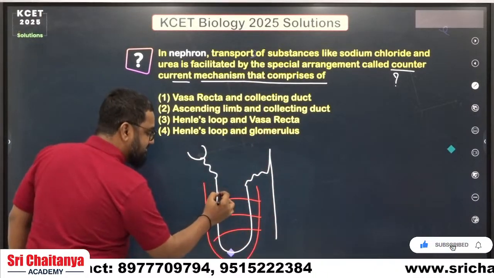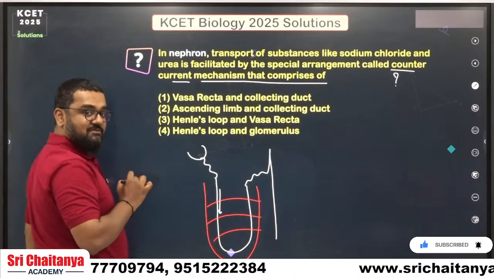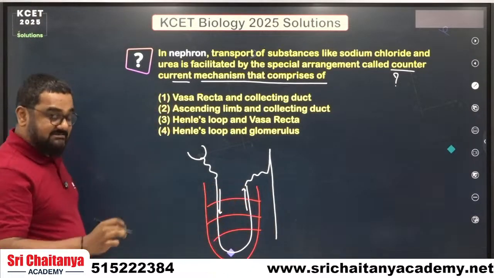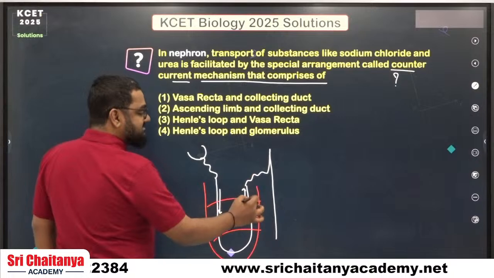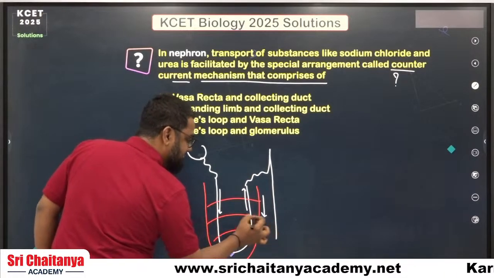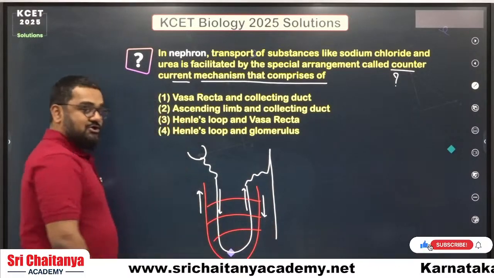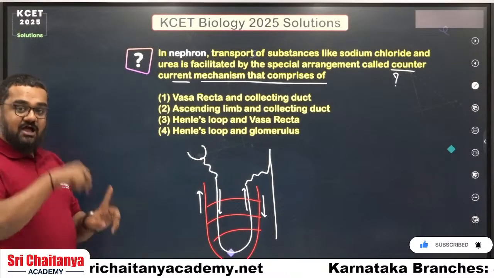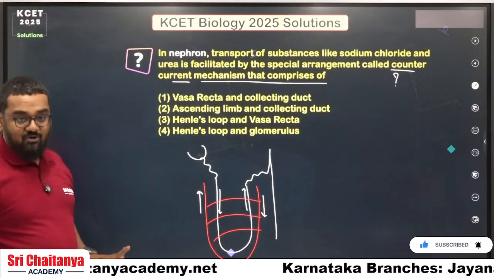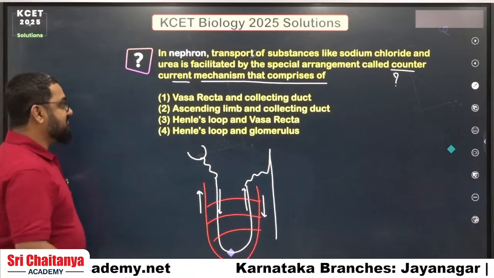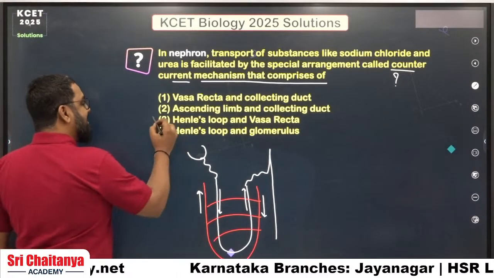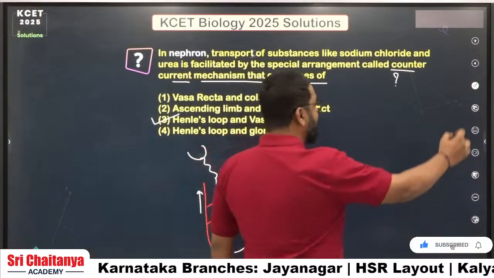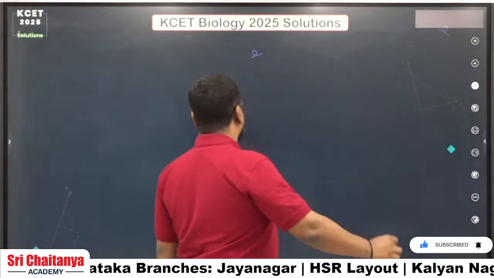Because the filtrate is flowing downwards here towards the medulla, whereas here it is flowing upwards. Whereas the blood in the vasa recta is flowing downwards here and upwards here. So the blood and the filtrate are in different directions, that is counter current. That is why it is called as counter current mechanism. And two structures which are primarily involved here is Henle's loop and vasa recta. So this is an easier way to arrive at the conclusion for this question.